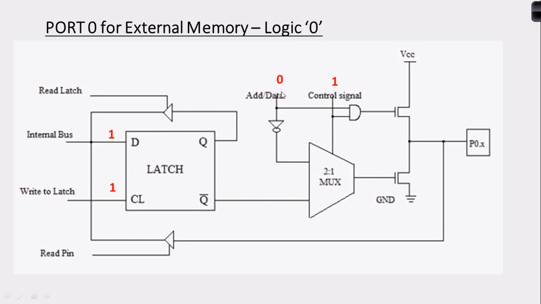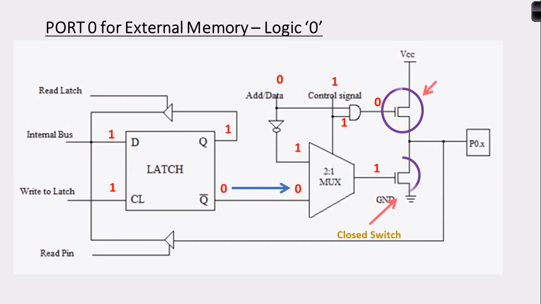Since it is 0, you can observe there is an inverter present over here, so this value will be 1, and since my control signal is 1, this 1 will be selected, so my output is going to be 1. Then the transistor connected here, since the input is 1, will be turned on and will work like a closed switch.